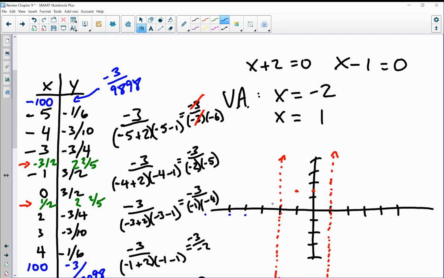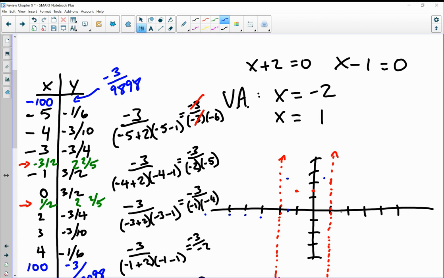Negative 3, negative 3/4. Okay, and then we had the extra points. Negative 3/2, 2 and 2/5, so a little bit above the 2. We did the 0, 3/2. And then the half, 2 and 2/5 will be about here. Okay, now we know what that's doing.